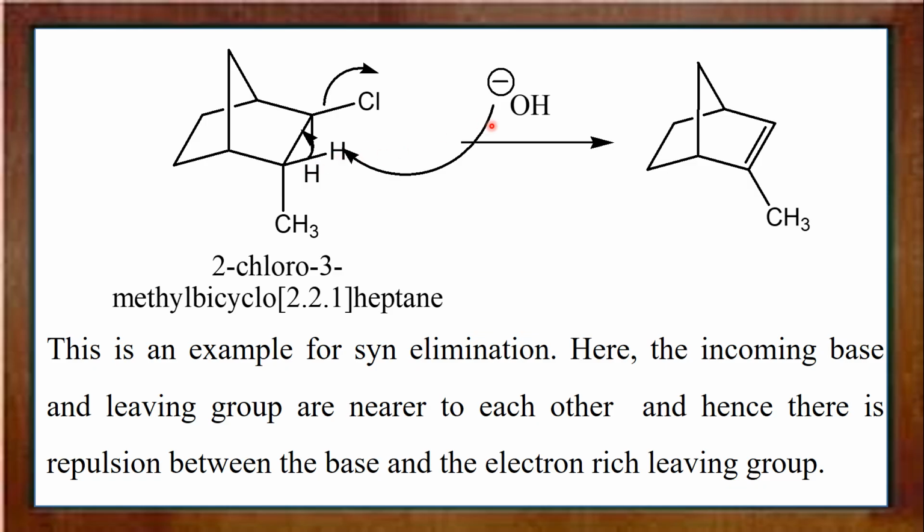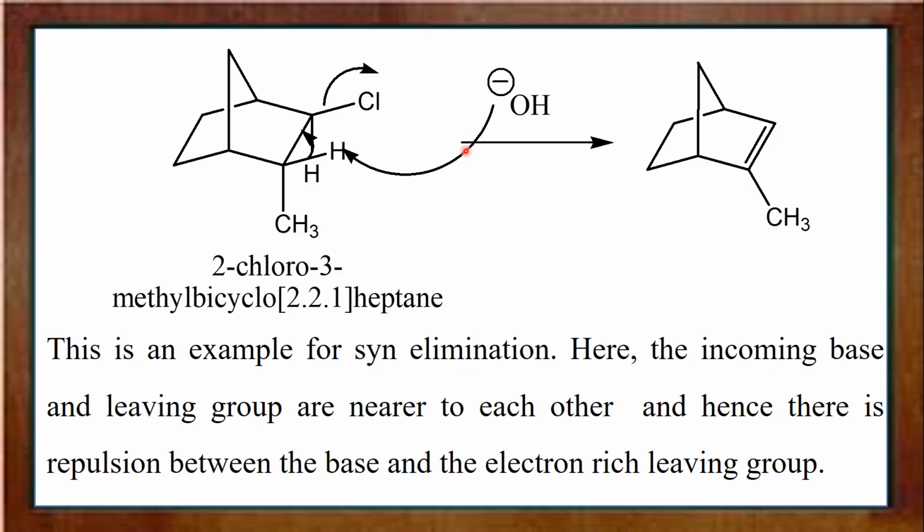So when a beta hydrogen is abstracted by a base, the base has to approach the beta carbon this way. When it comes this way, it is repelled by the electron-rich leaving group. Since both are electron rich, both are repelling each other. Because of this repulsion, the reaction is not taking place at a faster rate.